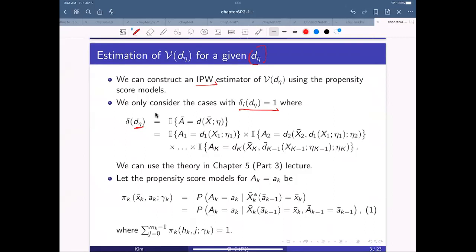Basically, the realized value of A matches the choice made under the given policy function.